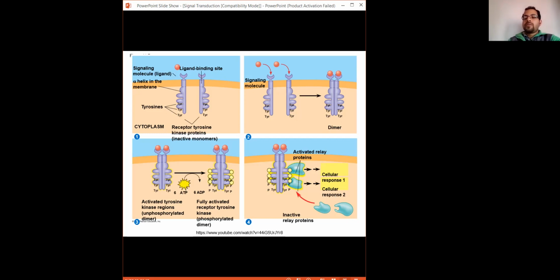Okay, so in this way, the receptor tyrosine kinases can help in the signal transduction pathway.